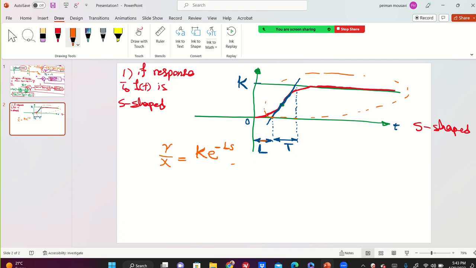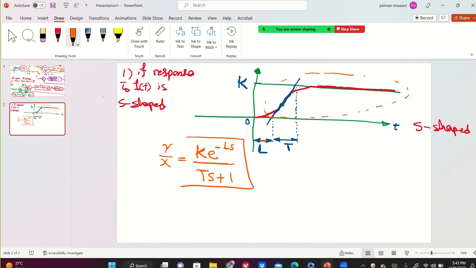K value, and the first order system, so it's going to be TS plus 1. If your response, which is third order, fourth order, 20th order, to the input step is like a delayed S-shape, you can model it as this.